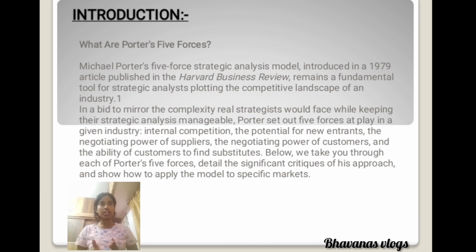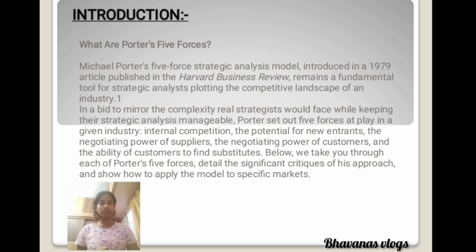Below we can see the Porter's 5 Forces model in detail, and the sequence to apply the model to a specific market.